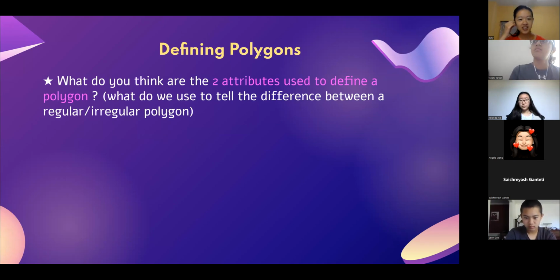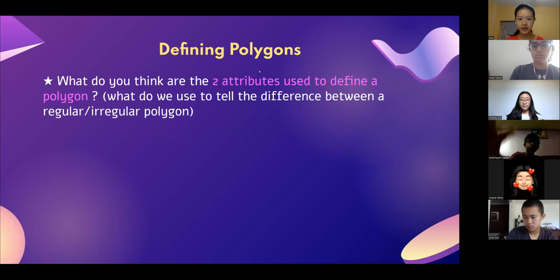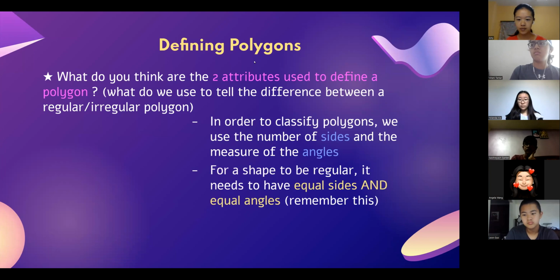Okay. So basically, in order for us to tell the difference between a regular and an irregular polygon, we look at the length of their sides and the measure of their angles. A regular polygon is going to have side lengths that are all equal.